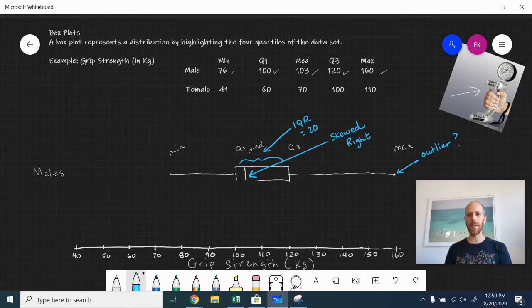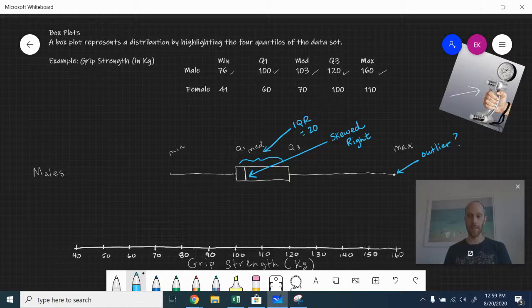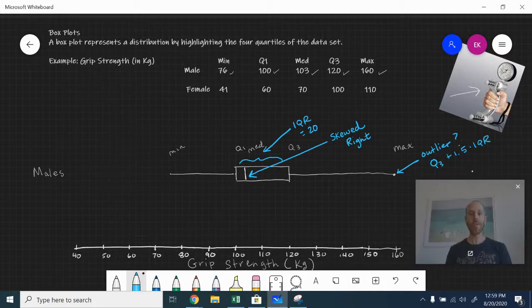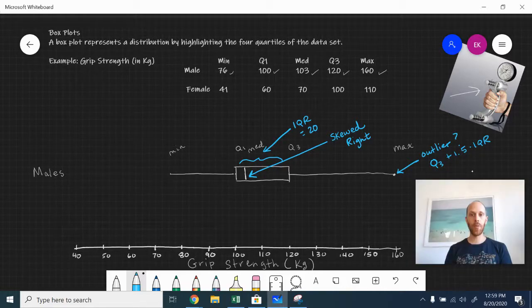So let's run the outlier test to see if that's actually the case. Recall that the upper outlier test goes something like this. You need to take Q3 and add to it 1.5 times the IQR. So in the case of our data, the third quartile is right here. It's 120.